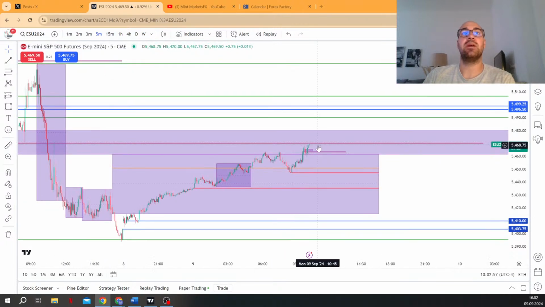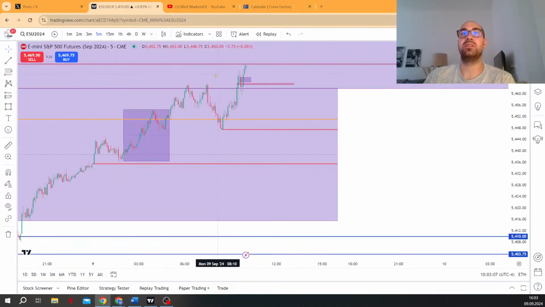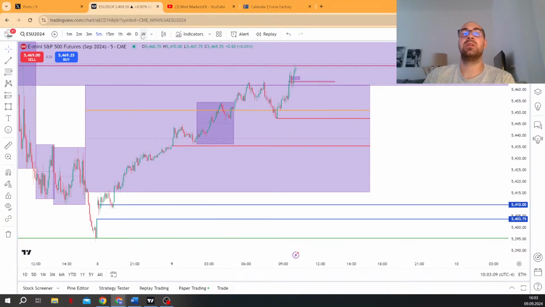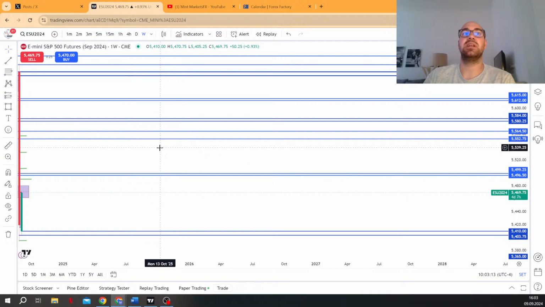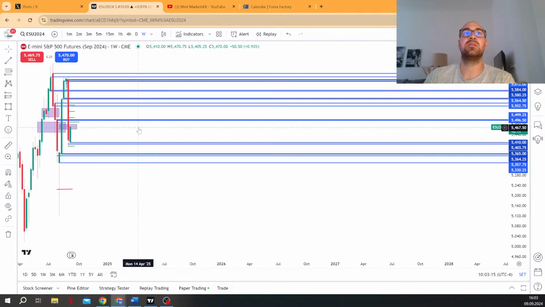And again, I think we have a couple of potential turning points here. Let me see if we have a weekly level as well. I don't see any weekly levels so far. Oh yeah, we do.